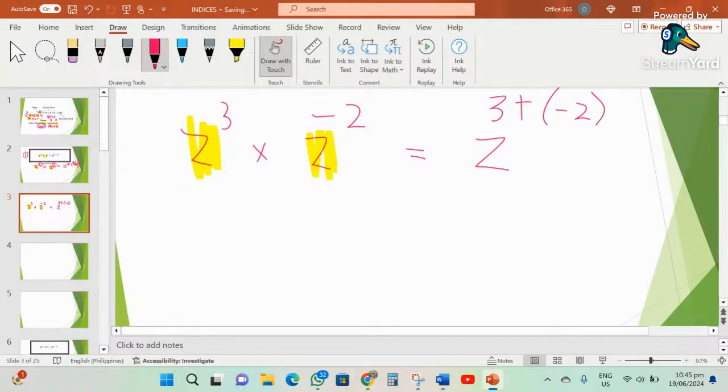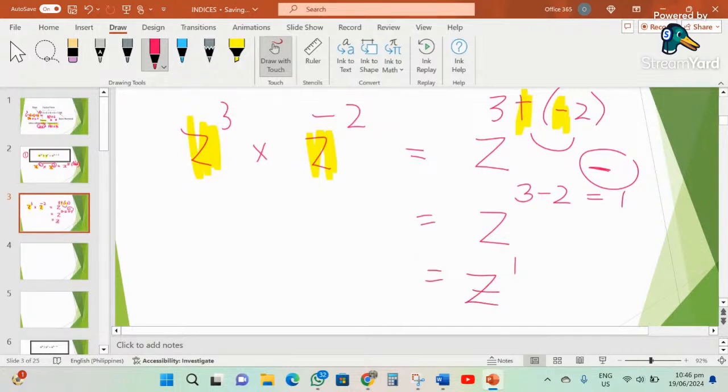So 3 plus a negative 2, the negative and the positive here will be converted to a negative sign. Therefore, you have z to the 3 minus 2. 3 minus 2 will give you 1. So this will be z to the first power, or when it's 1, you don't let that 1 appear anymore. So you only have z instead.